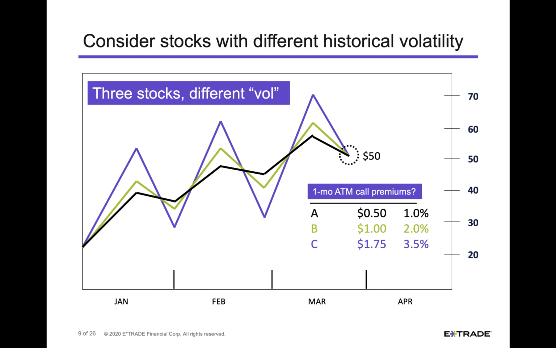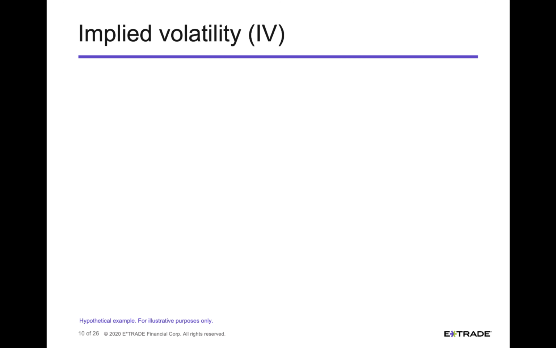So it's going to be an expensive option for you to trade. Now, you don't have to necessarily chase high implied or high historical volatility options. You could take more contracts even if it had low volatility. So think about that as well. Okay. Now let's talk about the implied volatility and how the pricing of options can change a little bit.